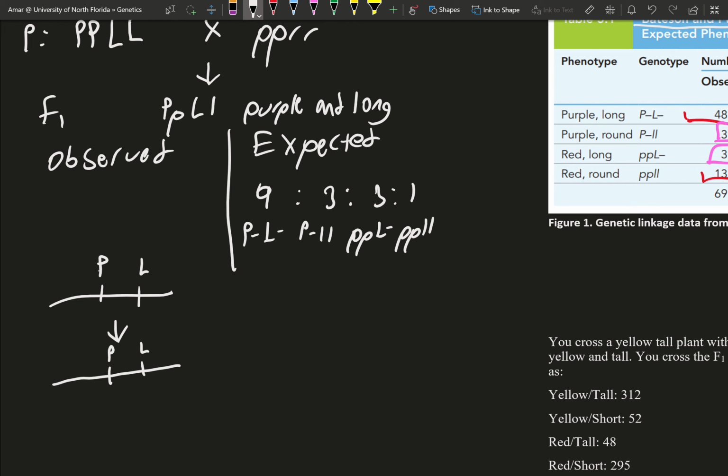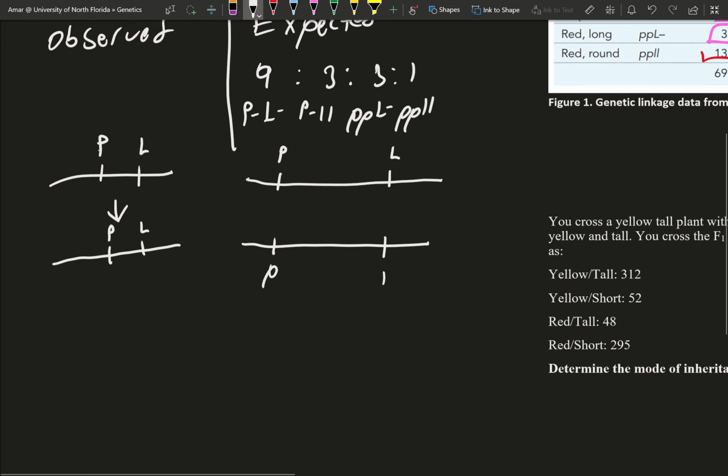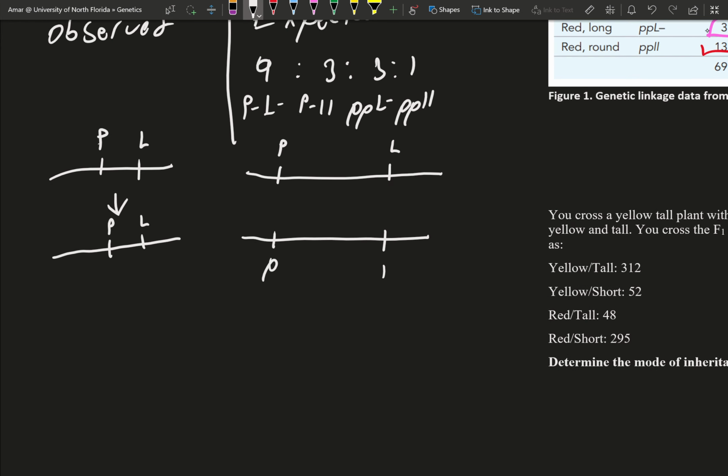But if P and L were really far apart, and they underwent crossing over with another chromosome, because they're so far apart there's a higher chance of recombination happening.